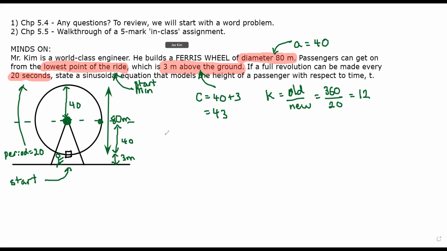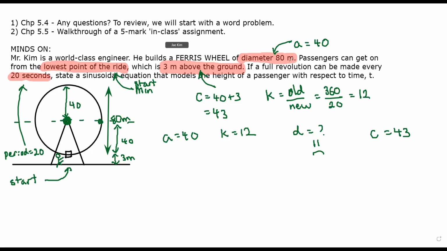So we have A, we have K, and we have C. What is D? Now D is going to be the hardest one, right? You have to really look at it and use some logical deduction because there's no real calculation involved per se.